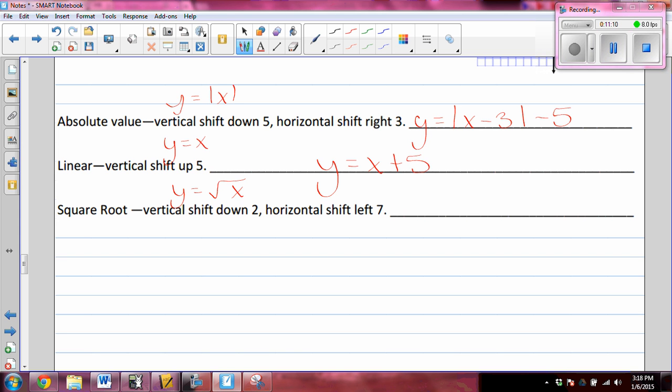So left is going to be positive. So y equals the square root of x plus 7. Now I'm paying attention to vertical shift. Remember, vertical shift goes outside, not under the radical, but on the outside. And it says it goes down 2. Down is negative, so minus 2.